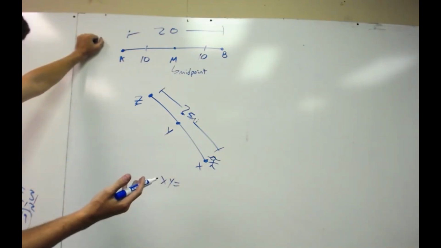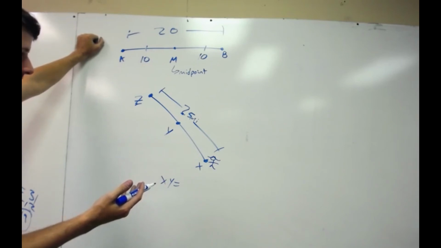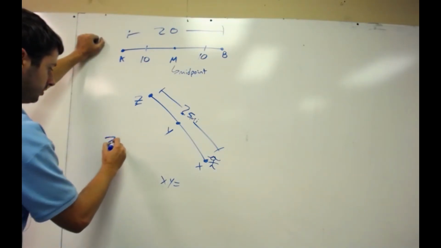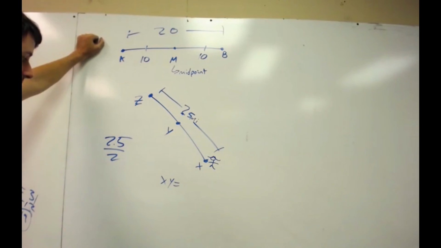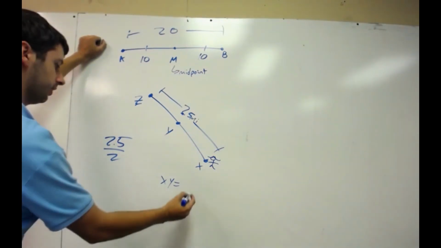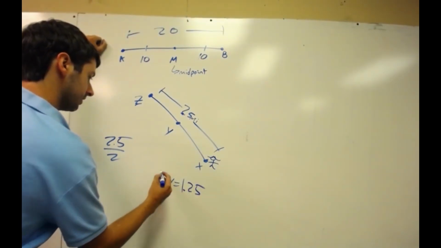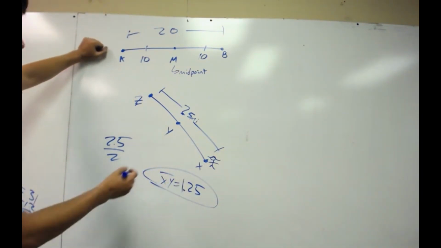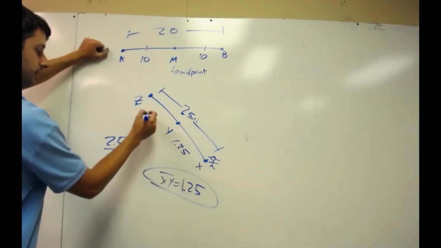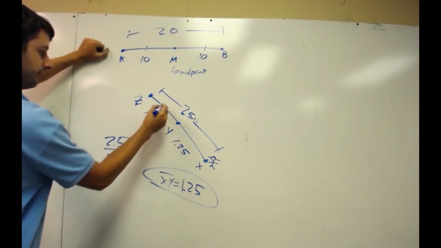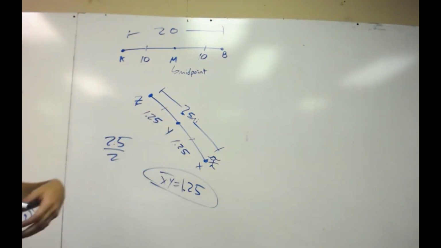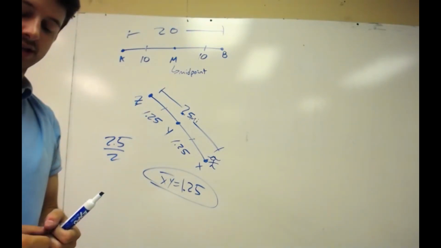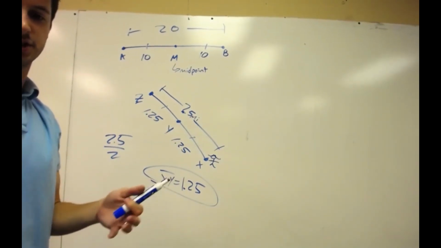Well, most of you probably guessed, all you would have to do is divide 2.5 by 2, and that would be 1.25. So the distance of XY is 1.25. Notice if it was 1.25 for that one, it would be 1.25 for that one. That would actually add up to be 2.5, and that is all that is lesson 2. So the math is pretty easy. Just add some definitions here and there.